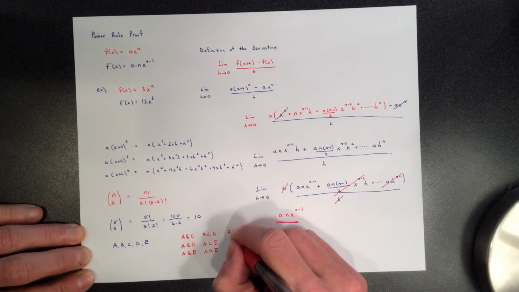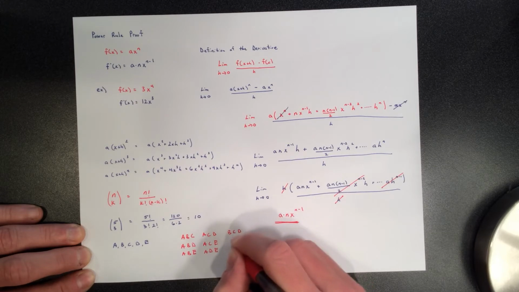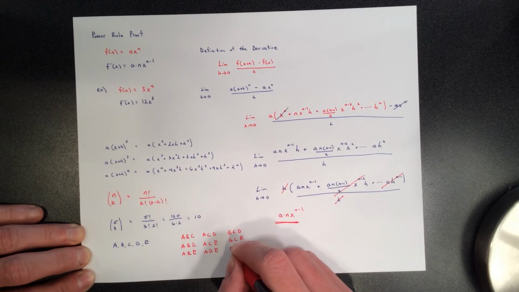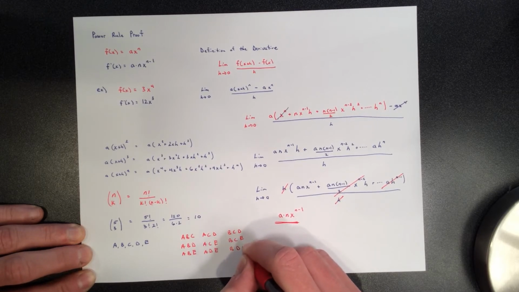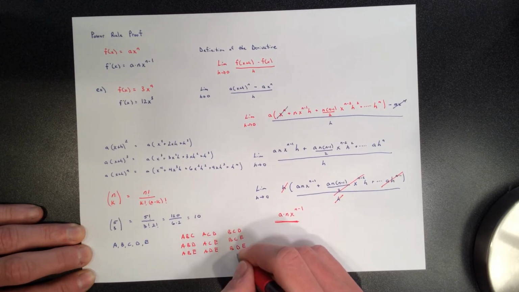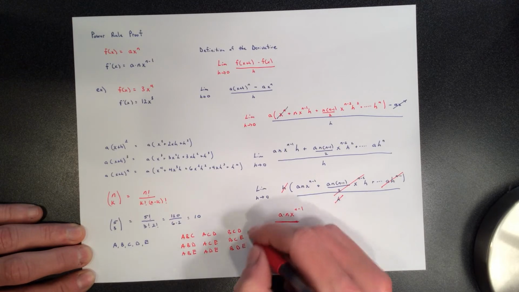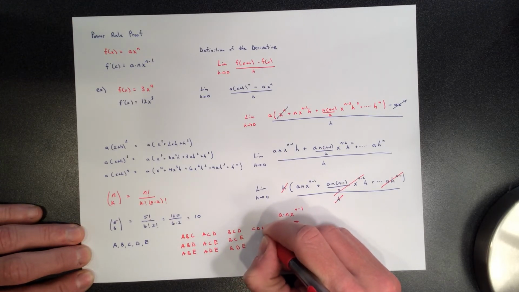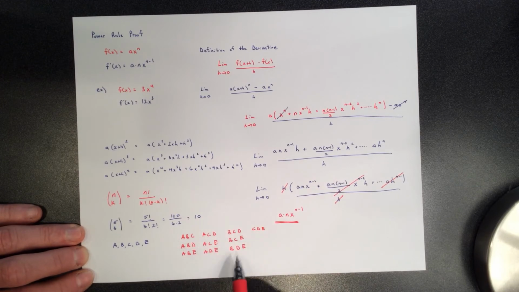So there's B, C, D; B, C, E; B, D, E. Those are all the ways that have B's that don't already have A's, and then there's really just one left, C, D, E. Okay, so those are the 10 different ways to take 5 items and pick 3.